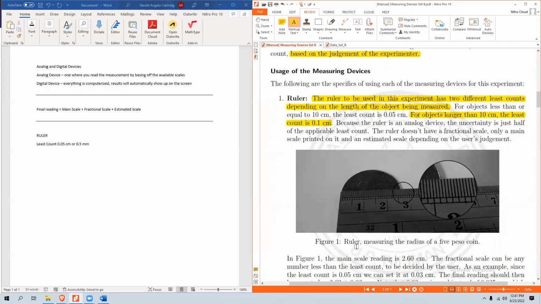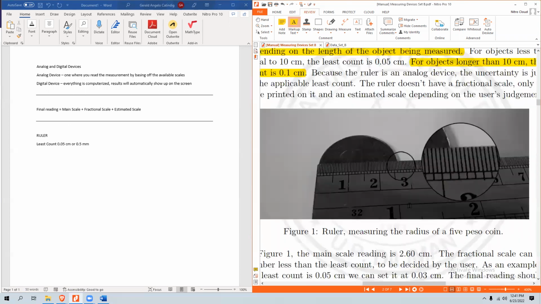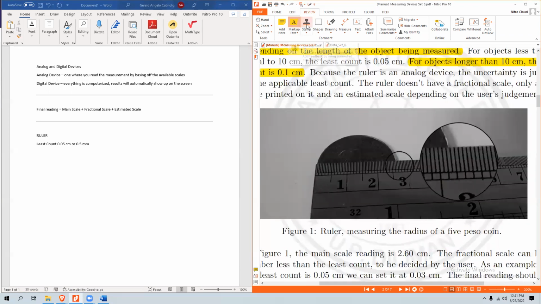This figure shows the measurement of the radius of a 5 peso coin. In this figure, the main scale reading is 2.6 centimeters. How can we tell? Let's zoom in a little bit. So here we have 2.6 centimeters. How did they do this? Let's draw a line.